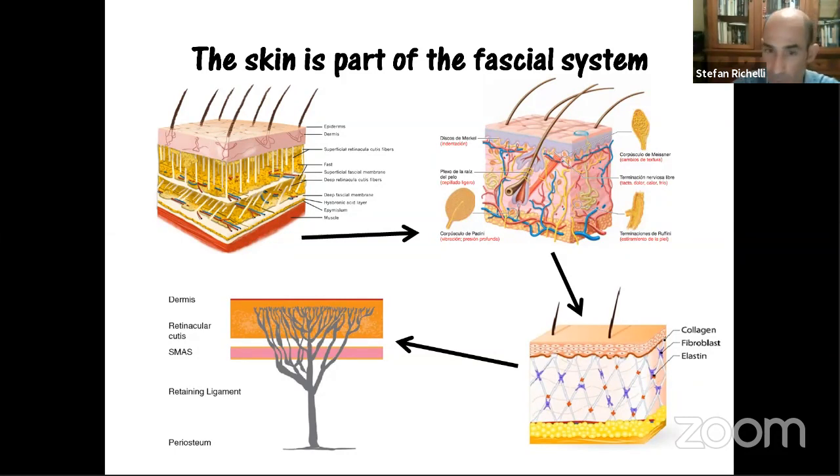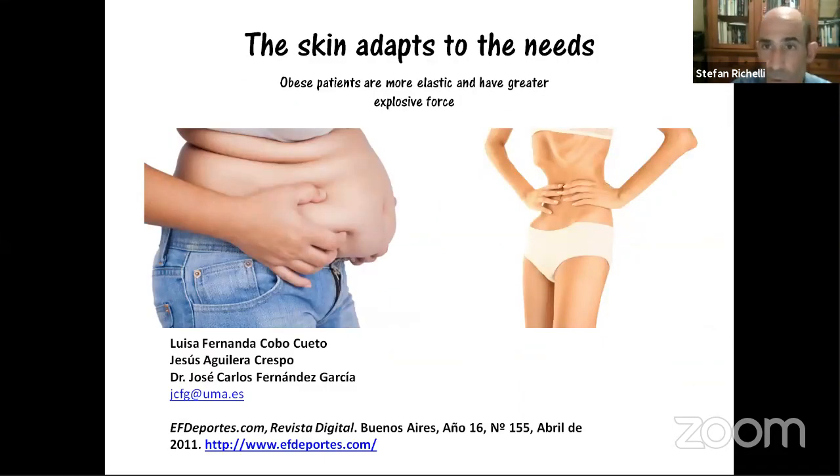We have, let's see. Okay, skin adapted to its needs. So the skin adapts to the volume and the necessities of the body. If we have a very big person, he will have more skin than a very thin person.